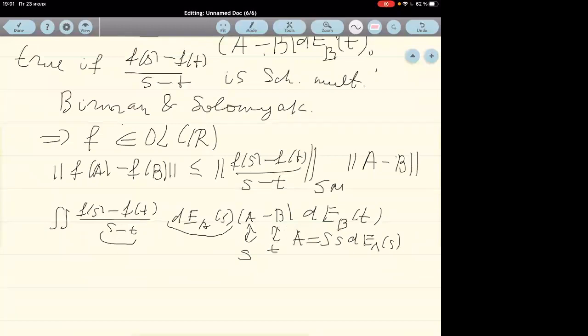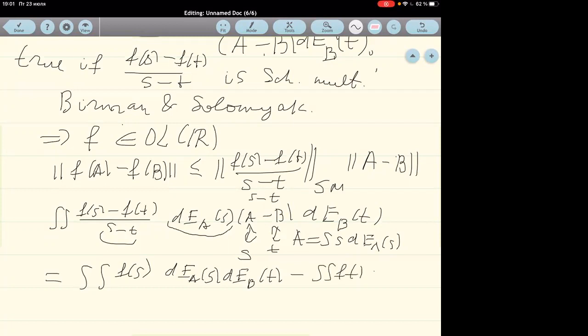Here we have s minus t, and here we also have s minus t. So we get the following: the integral of f of s dEA of s dEB of t minus the integral of f of t dEA of s dEB of t.